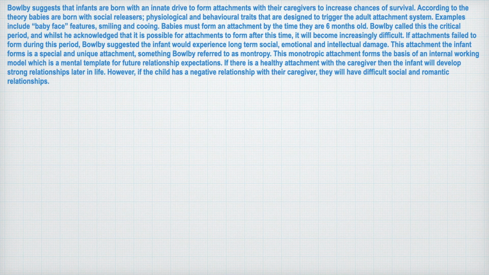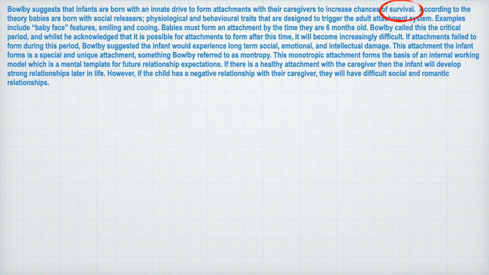So here's my outline. Now, remember what I said about Bowlby following the keywords. So here are all my keywords that I'm putting in there. You've got innate, survival, social releasers, critical period, monotropy, and the internal working model.